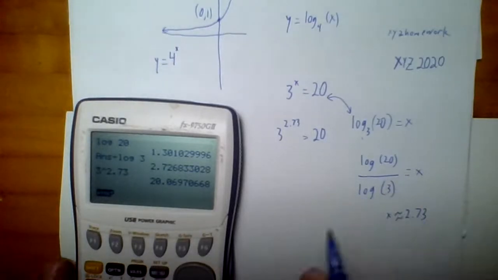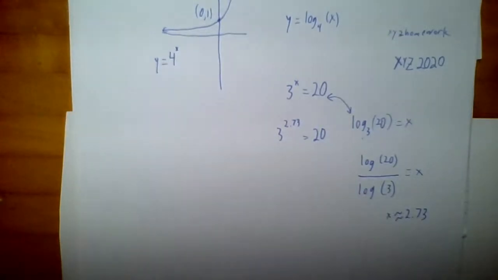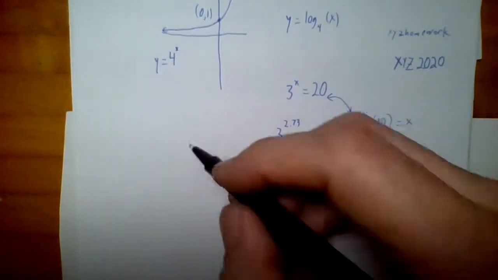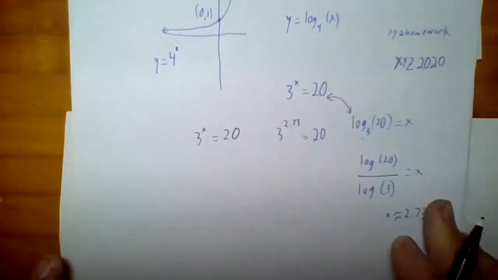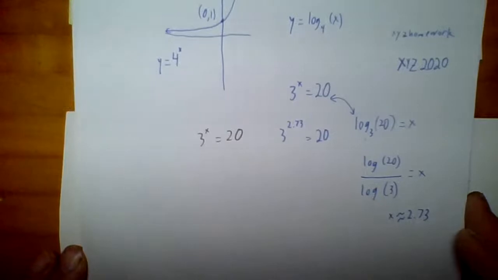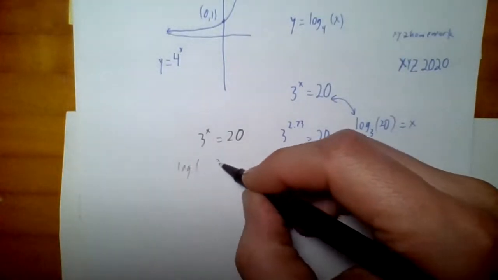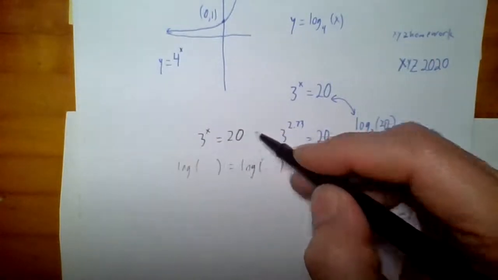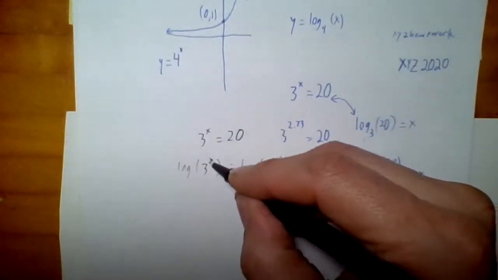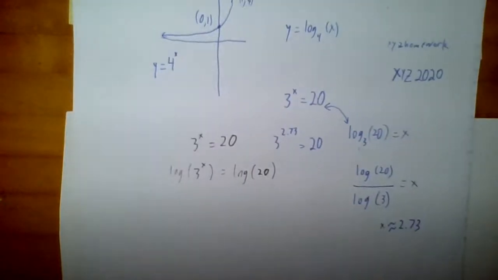The reason this is equal to this is I can actually explain it somewhat if I start from this form. We started with 3 to the x equals 20. And instead of rewriting that using log base 3, if I just do the regular log of both sides, if 3 to the x equals 20, then the log of 3 to the x should be the same as the log of 20. And whatever that function is, I can do it to both sides.